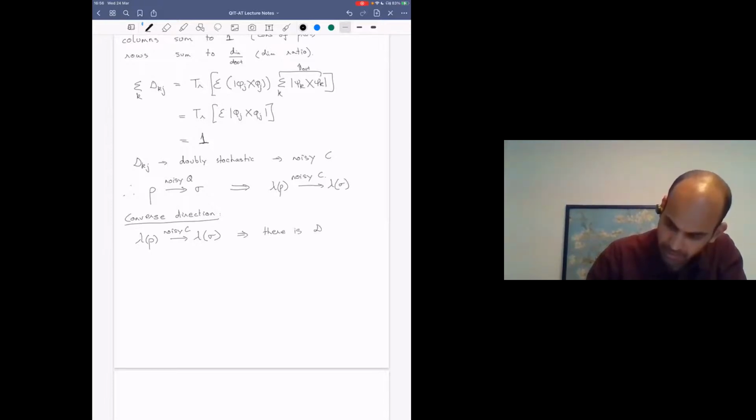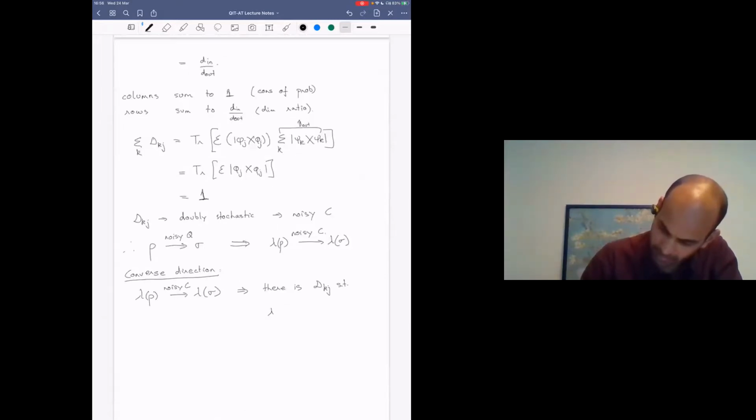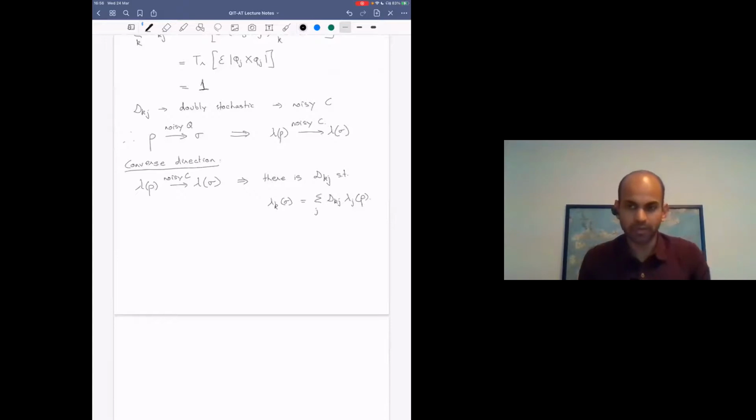d_kj such that, what is the equation that we have? Lambda_k of sigma, the kth eigenvalue of sigma, is the sum over j of d_kj times the jth eigenvalue of rho. And all we need to do now is, so we have that the eigenvalues can be taken to the eigenvalues.